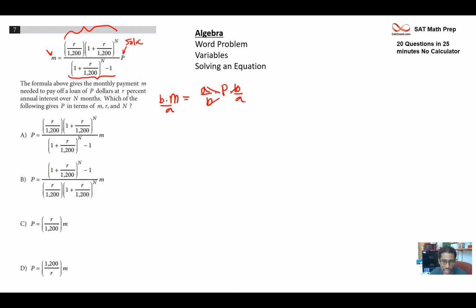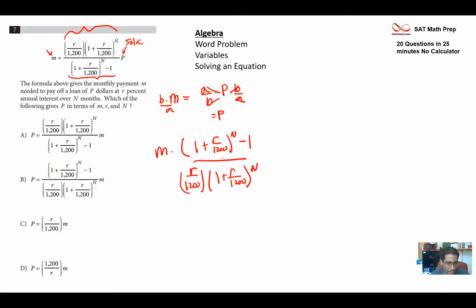These B's would cancel, these A's would cancel, you get P all by itself. So we take the M and we multiply by the reciprocal. So the 1 plus R over 1200 to the N minus 1 on top of the R over 1200 times the 1 plus R over 1200 to the N.